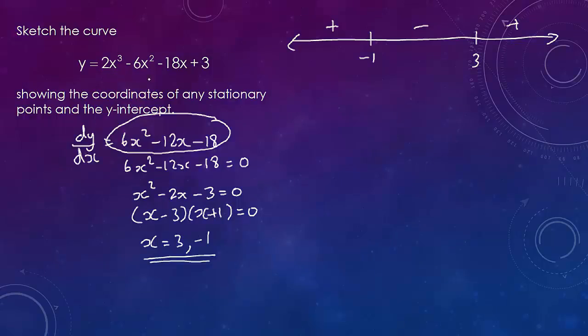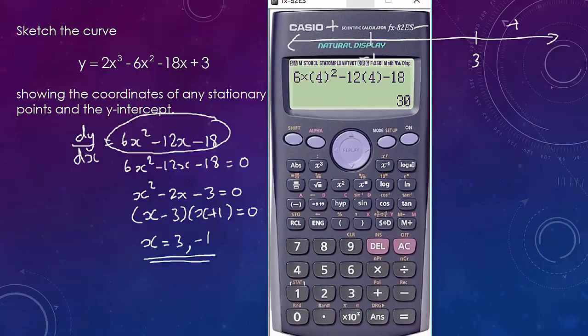So we also need to look at y-coordinates. So what we're going to do, bring the calculator in, is consider when x is negative 1. So we're going to have 2 multiplied by negative 1 cubed. Take away 6 times negative 1, and that's going to be squared.